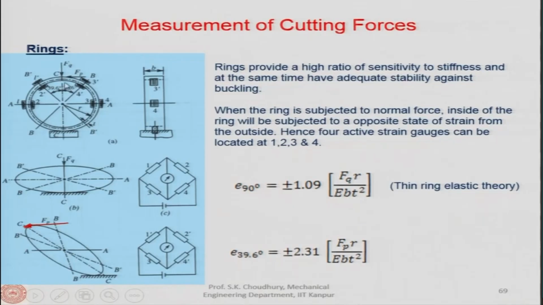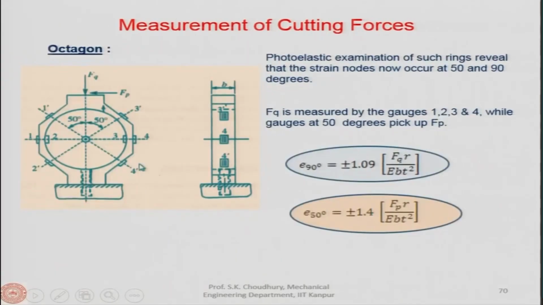But when ring type structures are used, they have a tendency to roll on this horizontal surface. So, if the tangential force is applied, it will have a tendency to roll. To overcome that, or for the octagon for example, the rigidity is not enough.